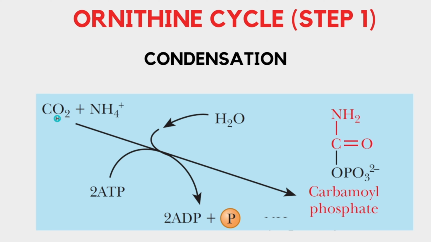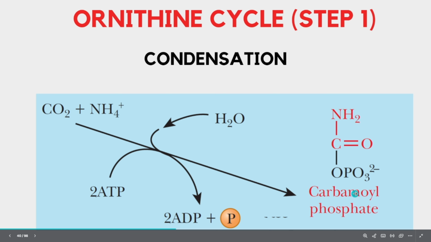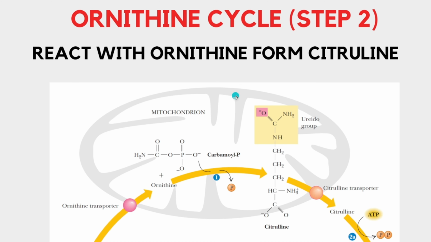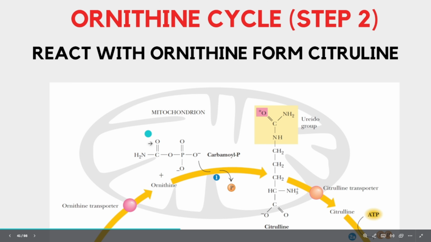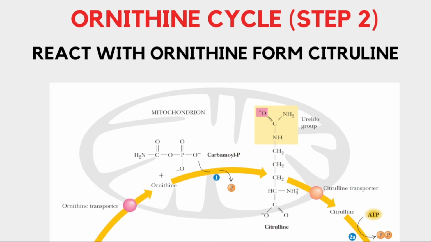Carbon dioxide and ammonium ion condense together to form carbamoyl phosphate. This first and second step happen in the mitochondria of the liver.